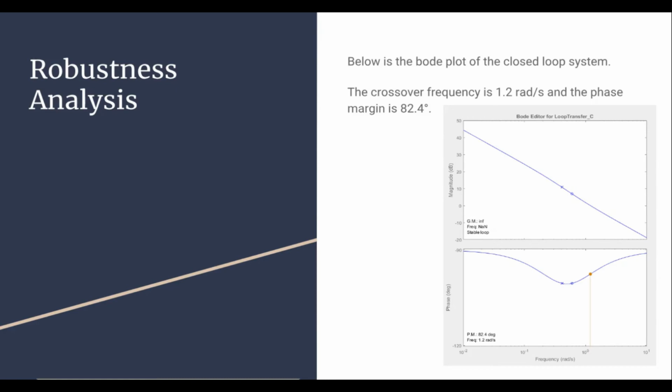This is because of the 0 that is added by our controller, which pulls up the phase response at higher frequencies. So as you increase the gain, the crossover frequency will increase, and your phase margin will increase as well.